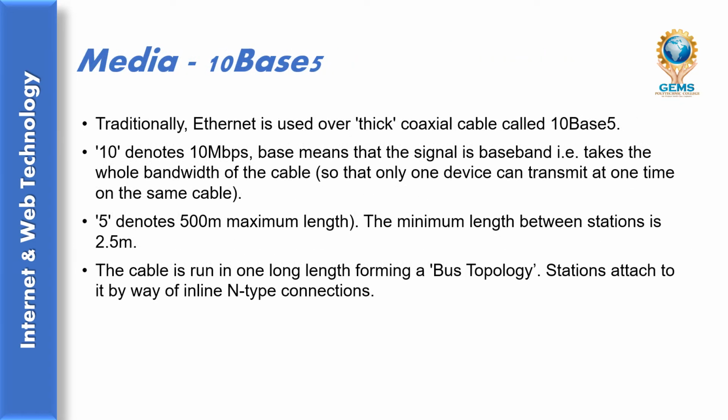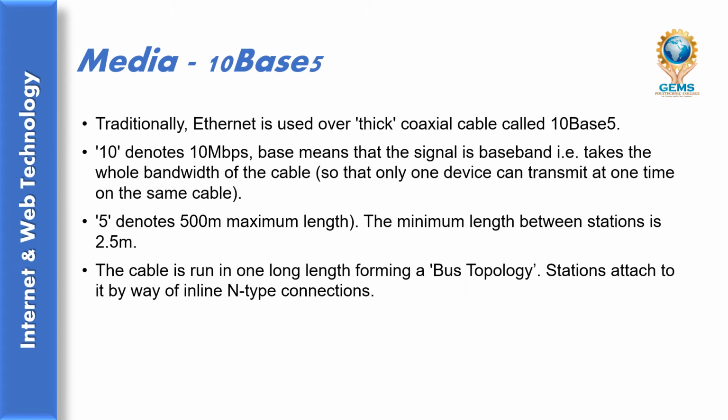Now there are different types of Ethernet. Traditionally, Ethernet is used over thick coaxial cable called 10Base5. 10 denotes 10 Mbps, and base means the signal is baseband and takes the whole bandwidth of the cable, so only one device can transmit at one time on the same cable. 5 denotes a 500-meter maximum length.